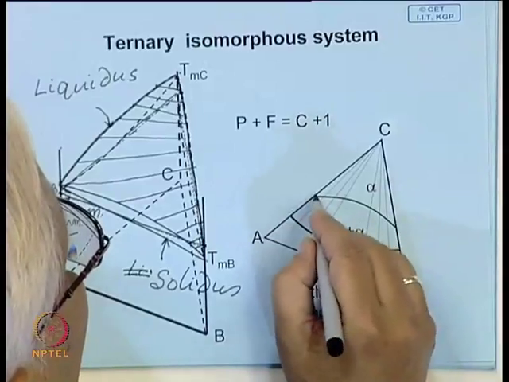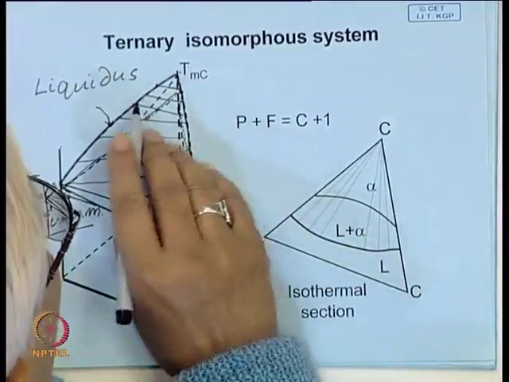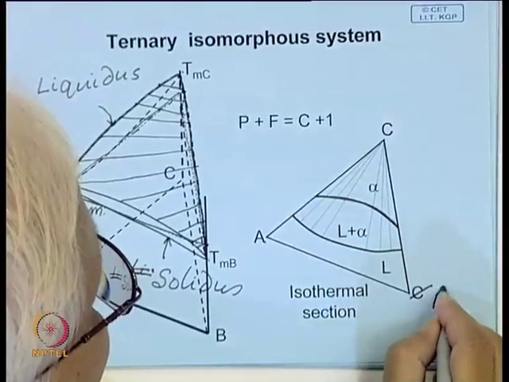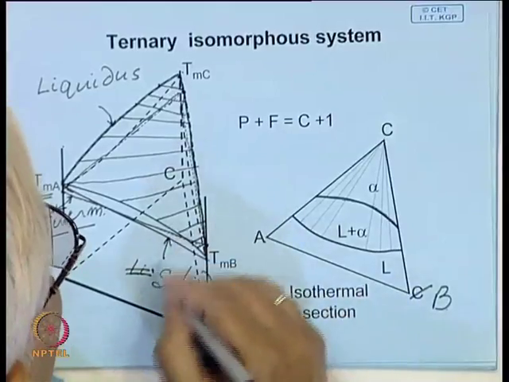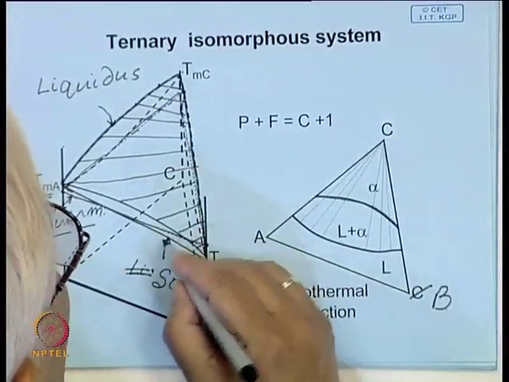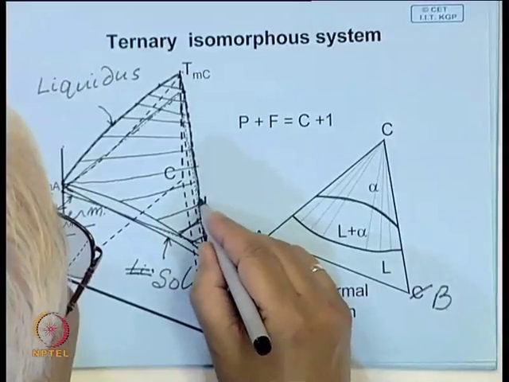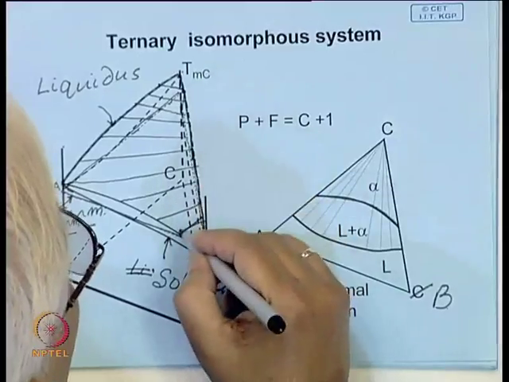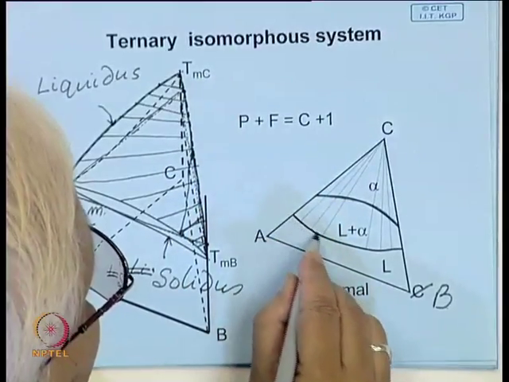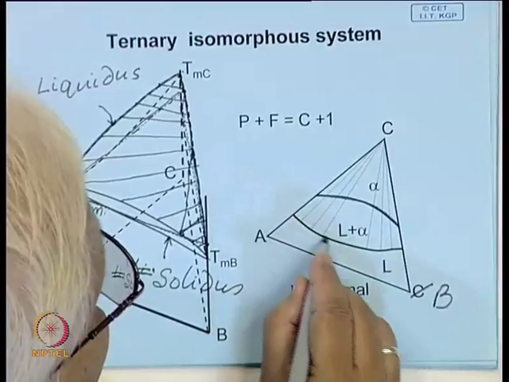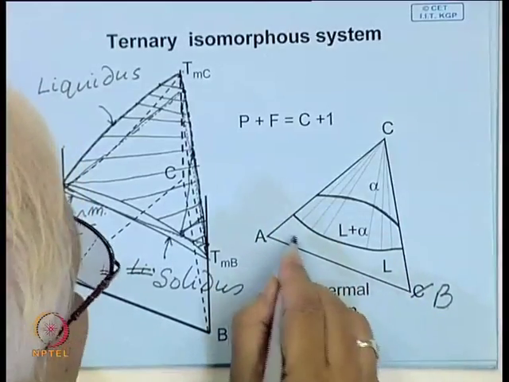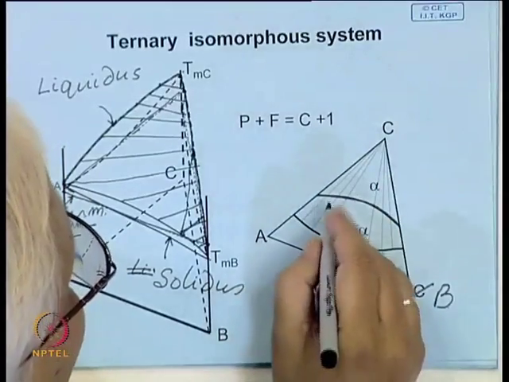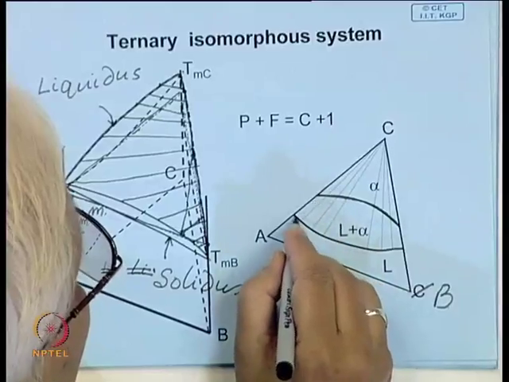This is A and C. This is that solidus line, this is B, and the AB end is still liquid. So, it intersects somewhere here and similarly here, which is drawn over here. This portion is yet to solidify, whereas this part has solidified.